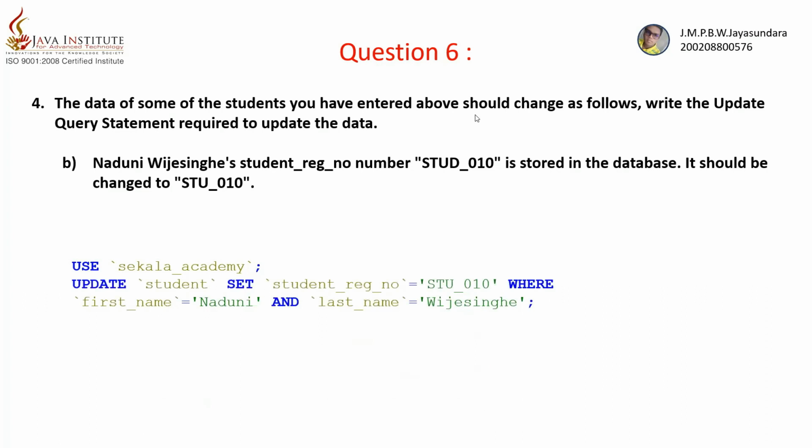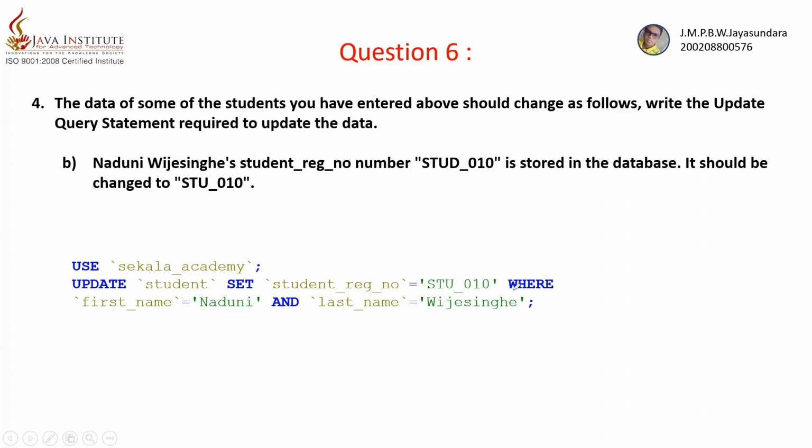In this case, we have used the update keyword. After that we have defined what table we are going to change. After that we have given the new column value. So it's going to add the STU010 value into the student register number column, and we need to find this specific student.